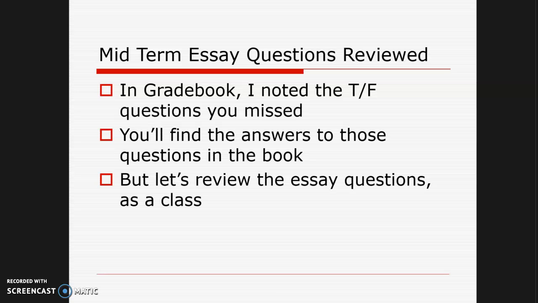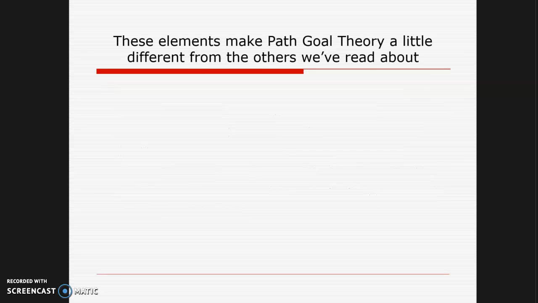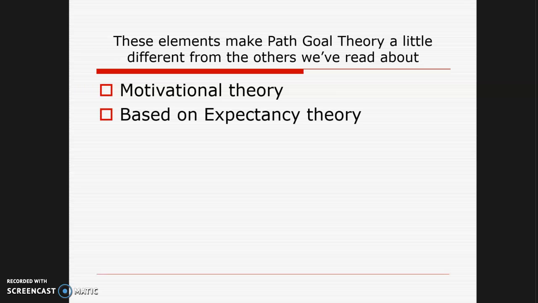The first question asks you for the key differences in path-goal theory. And it asks you not to recap the theory, just focus on the differences. Well, these elements make path-goal theory a little different from the ones we've read about. For one thing, it's a motivational theory. It's based on expectancy theory.